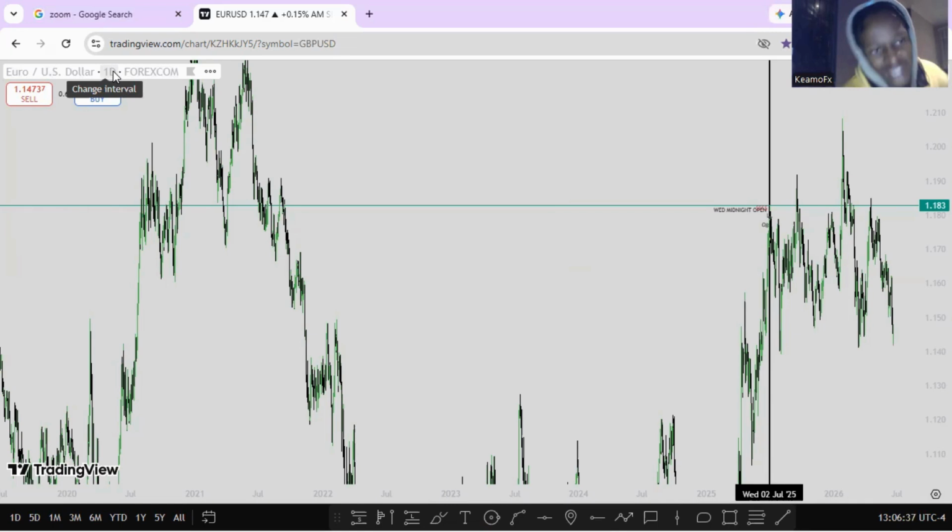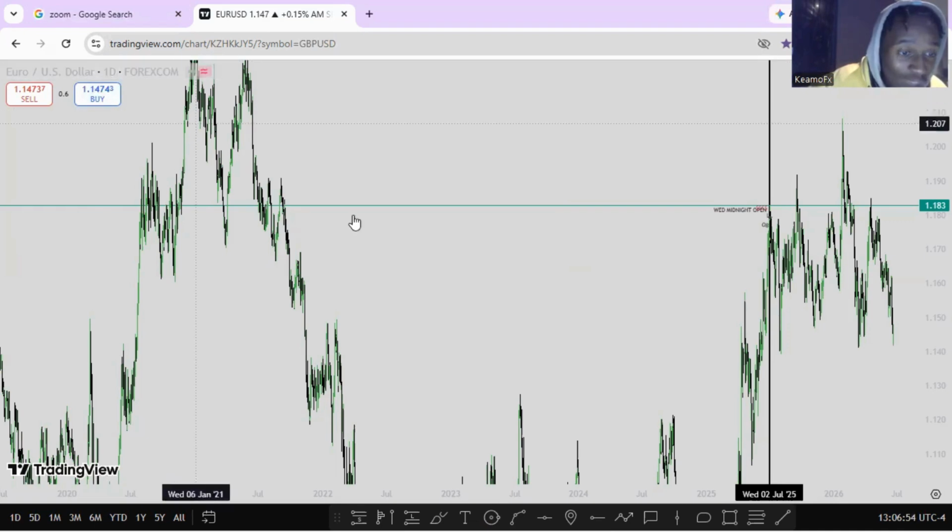So the lowest time interval you can trade is 1 minute. Essentially these intervals show us how price is moving in a particular time period. So for example, this is the 24-hour period or 1 day period.